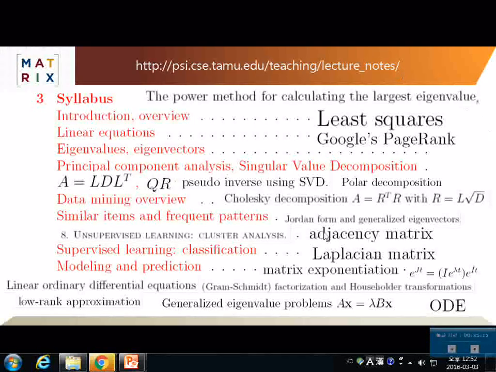So from the given data or data structure like a graph, we should know how to generate the adjacency matrix, and then we use the matrix properties of this adjacency matrix or Laplacian matrix to analyze the properties of the sparse data.